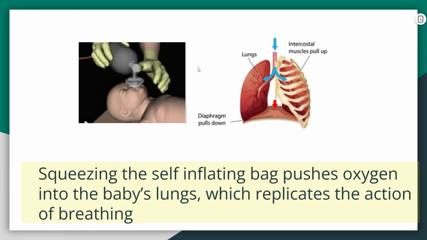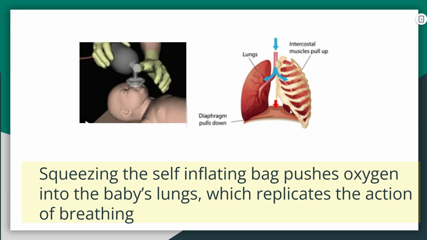To know the answer to this question, we should understand that while we squeeze the bag to deliver intermittent positive pressure, through bag and mask the air will go to the trachea as well as the esophagus. Now in a normal patient without any anatomical problems of the trachea and lungs, this air will go properly to the lungs and replicate the action of breathing.